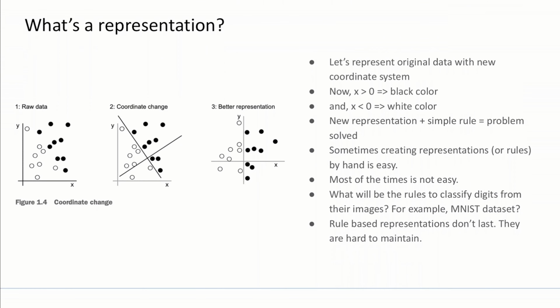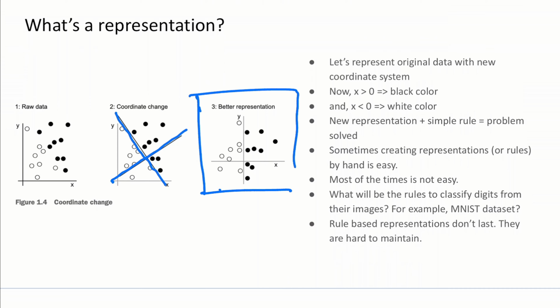Since we are talking about representation, we can also represent this data with a new coordinate system. So let's say we change our coordinate system. Here you can see we have quite a good separation of black and white. In another format, we have the representation like this. These are your new coordinates. Now you can say that if the value of x is greater than 0, then it is black.